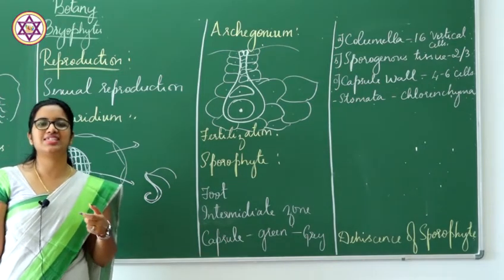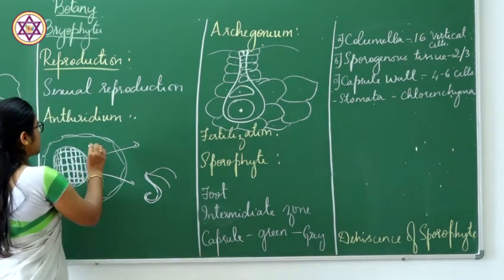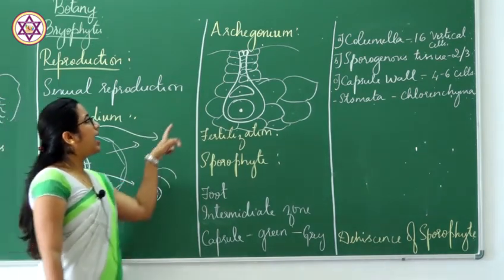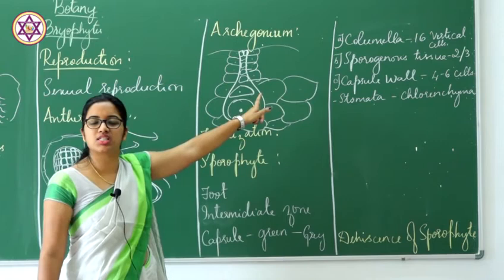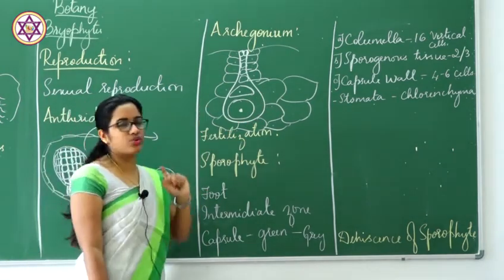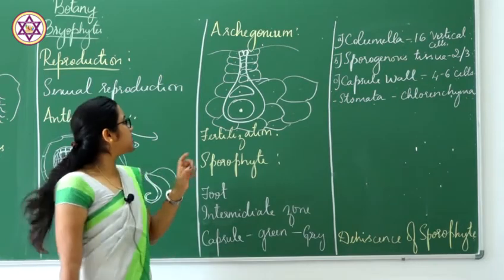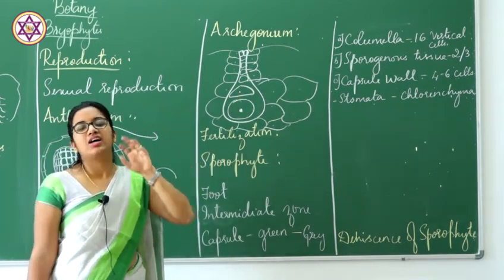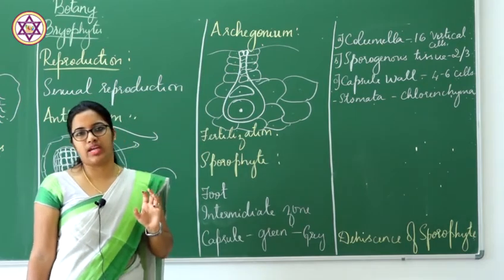So in the rainy seasons the anthrozooid will swim out of the antheridial chamber, swim across and reach the archegonium. At the time it reaches the archegonium, the venter canal cell and the neck canal cells start to disintegrate.